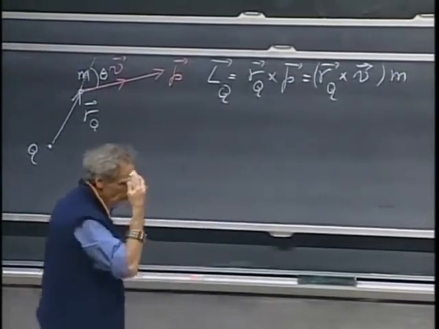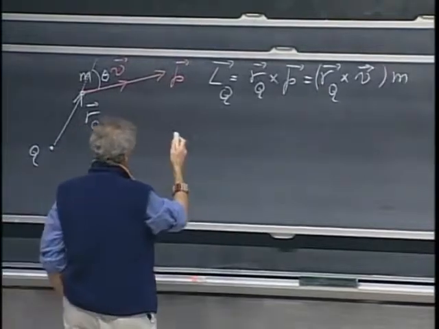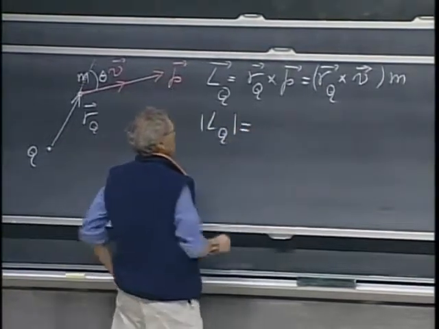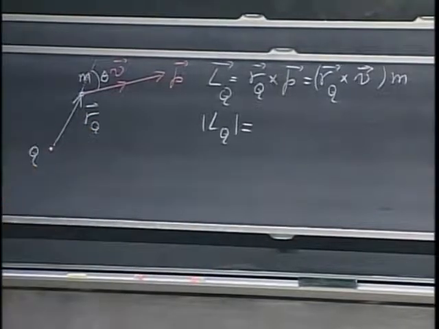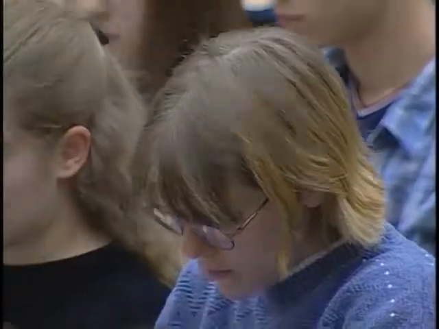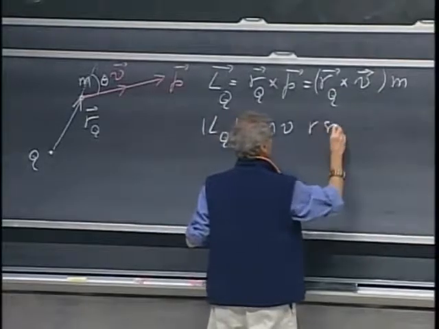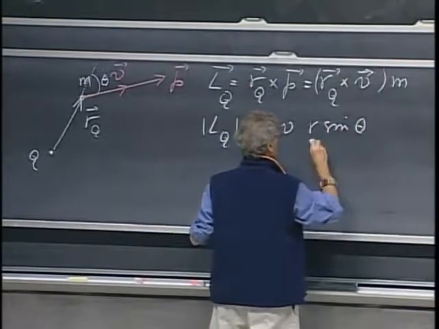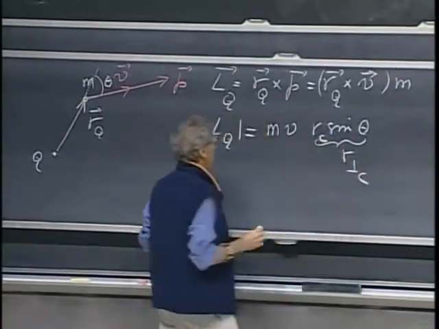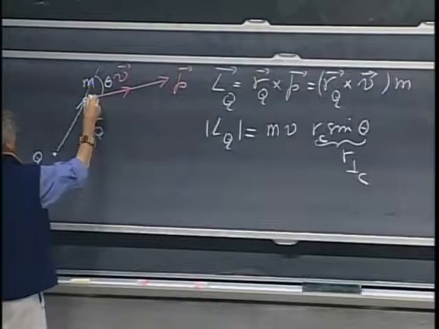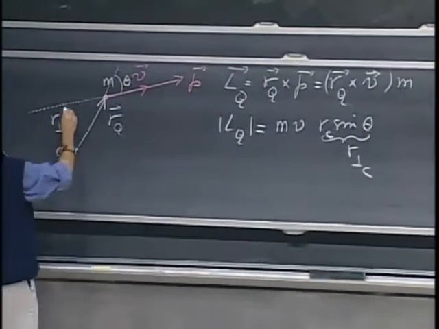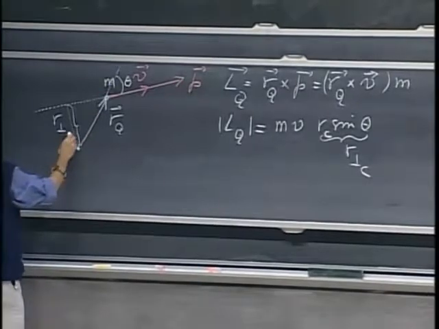The magnitude of the angular momentum relative to point Q is of course rmv, but then I have to take the sine of the angle theta. So let's say it is mv r sine theta, and this I often call, shorthand notation, r perpendicular. That r perpendicular is this distance relative to point C.